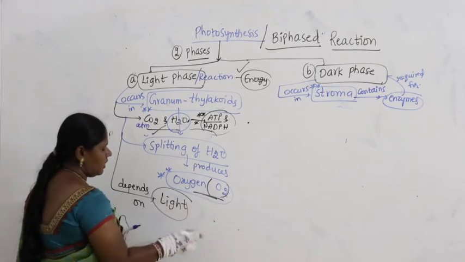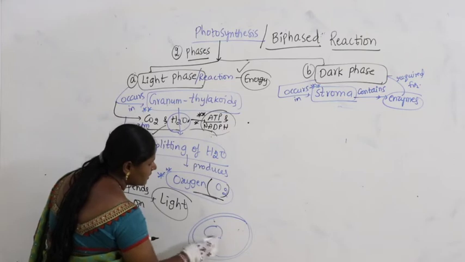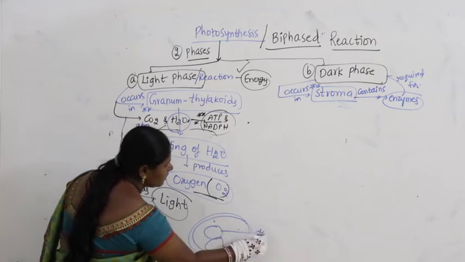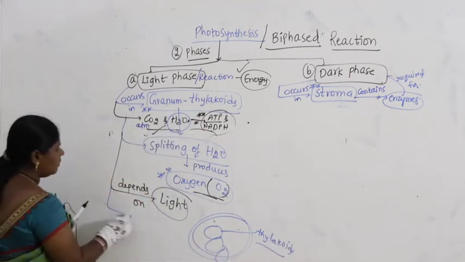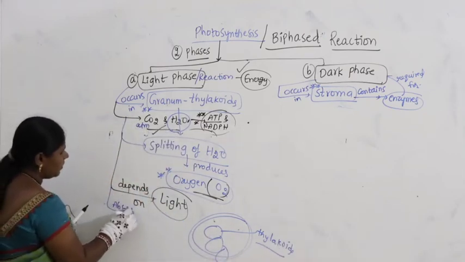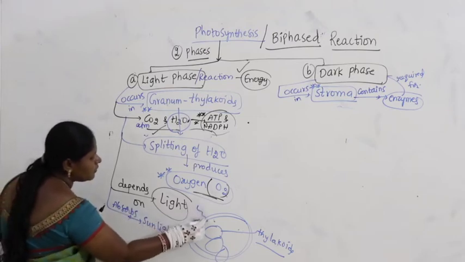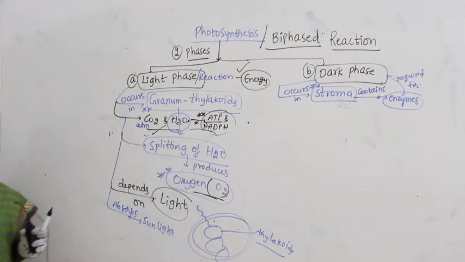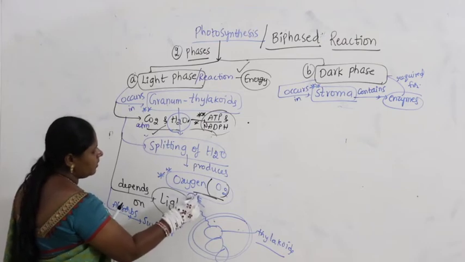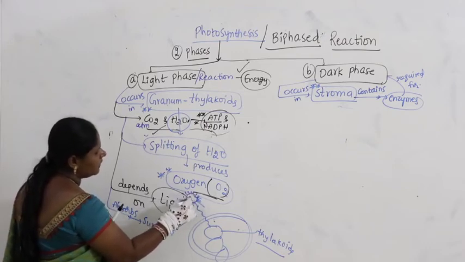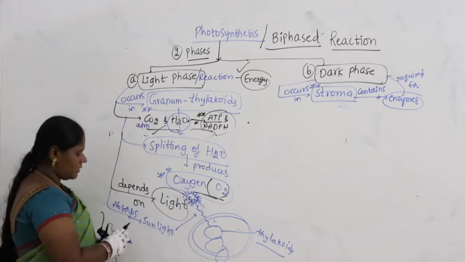It produces oxygen. Now, if you take the same chloroplast, thylakoids are present. These thylakoids absorb sunlight. Whenever sunlight from the sun falls on the thylakoid, it also takes carbon dioxide.